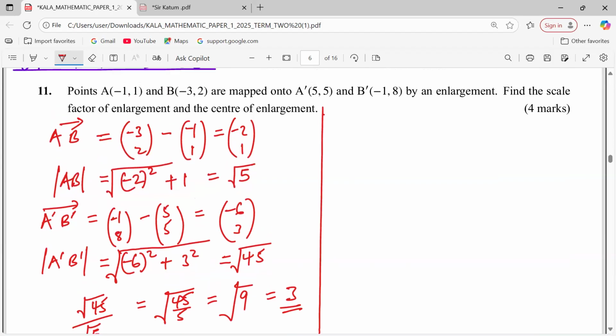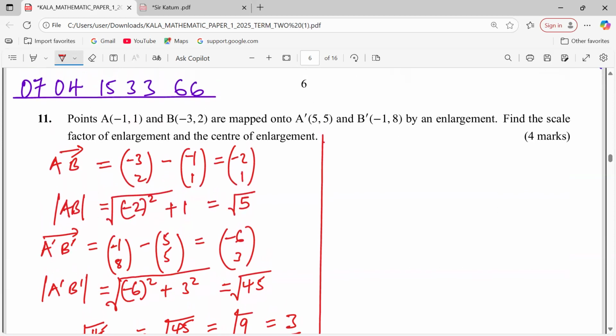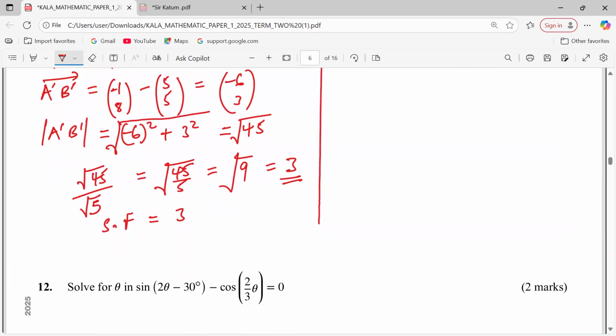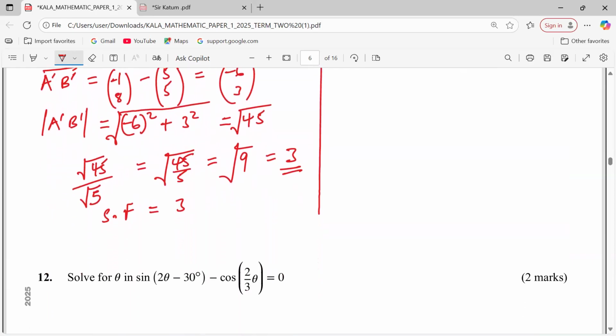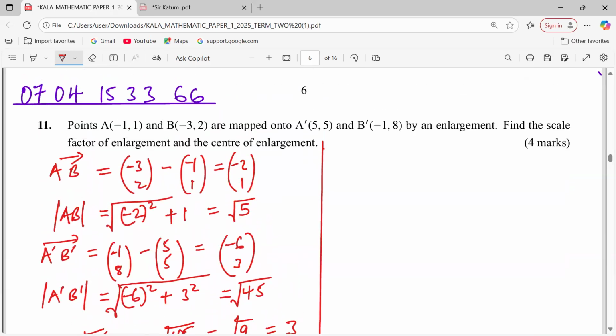What about the center? Okay, about the center, there's something we are supposed to know here. We can approach in very many ways. For example, from A to a known center, then to A prime, there is a straight line there. No wonder we call it linear scale factor of enlargement.